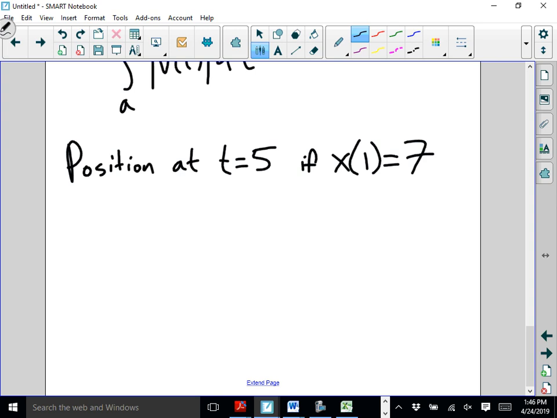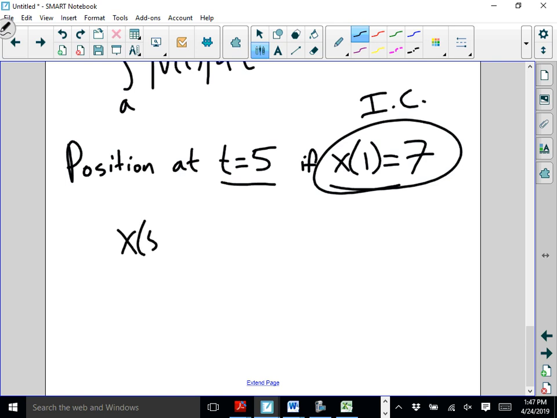In order to figure this out, if we only have a velocity graph, I need an initial condition. Okay? So my position at 5 would be the initial condition plus the integral from the position I have to the time position I want of velocity.